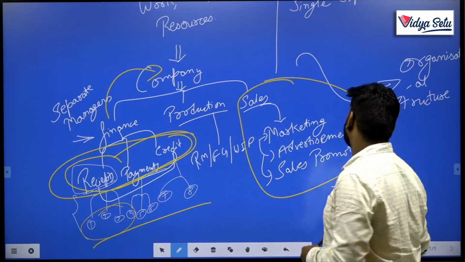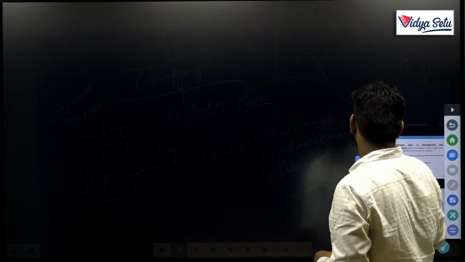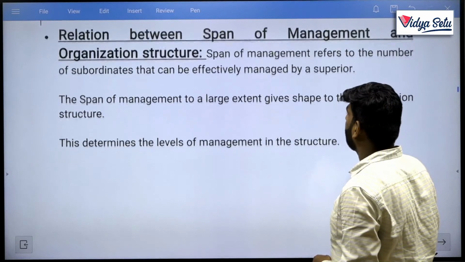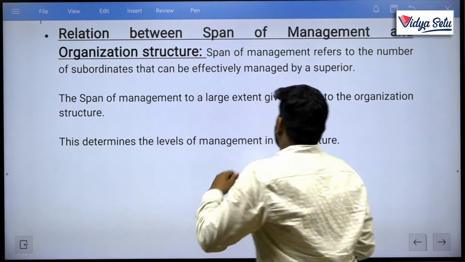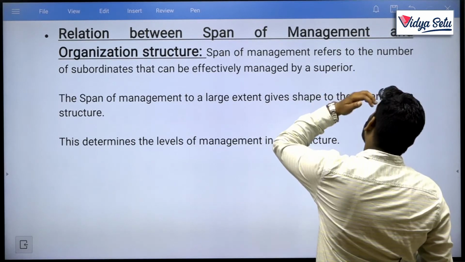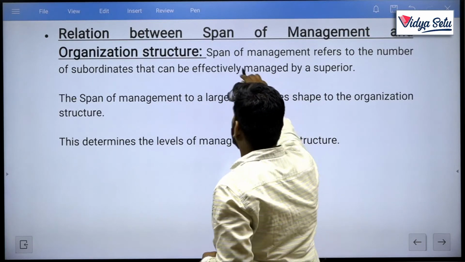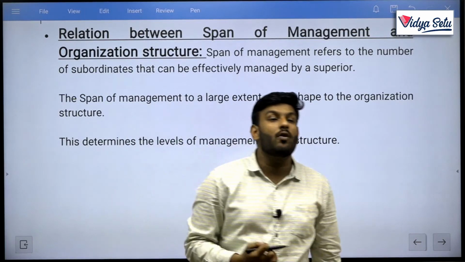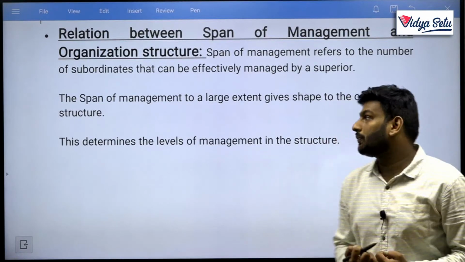Let's see the concept. We learn about the relation between span of management and organization structure. Span of management refers to the number of subordinates that can be effectively managed by a superior. Span of management talks about how many subordinates are dealing with a single superior.